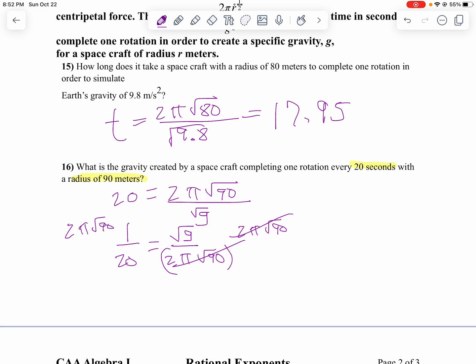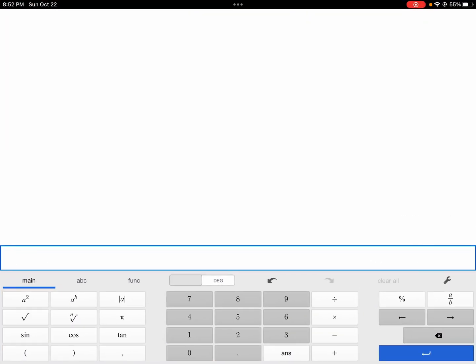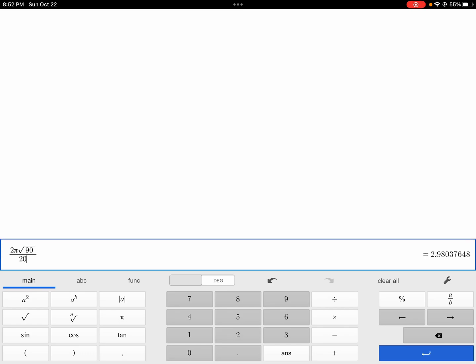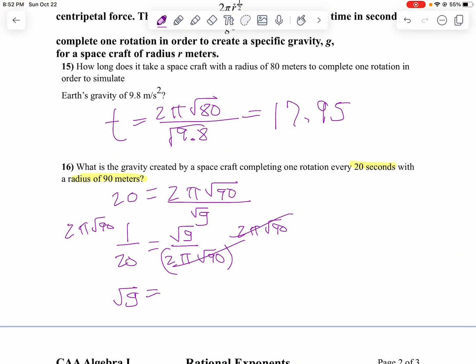So the square root of g, then I'll use my calculator. I'm going to take 2 pi square root of 90, and I'm going to divide that by 20. So the square root of g is about 2.98.